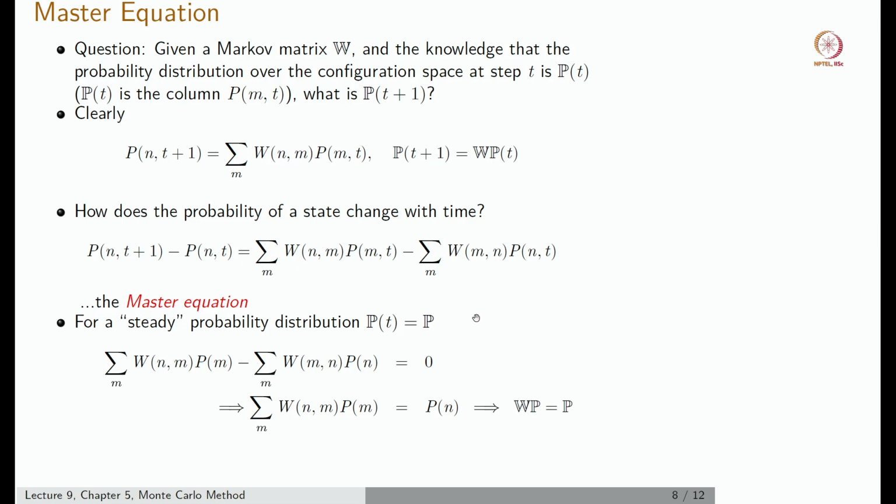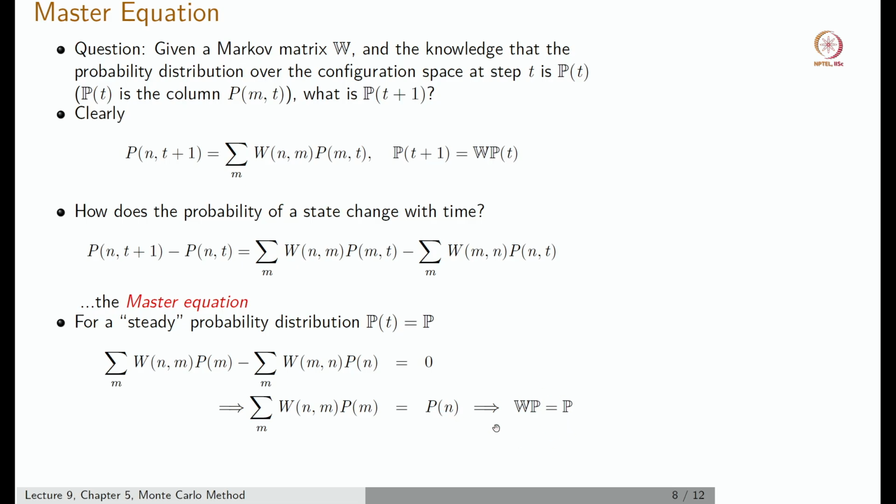So, once I have the master equation, I have immediately a very nice result, that if I have a steady probability distribution. Now, what do I mean by a steady probability distribution? A probability distribution that does not change with time. That means that I need the left hand side of this equation to be set to 0. So, a steady probability distribution will imply that since this quantity is 1, W acting on P as a column vector will turn out to be P itself.